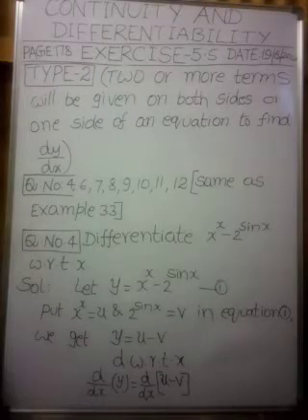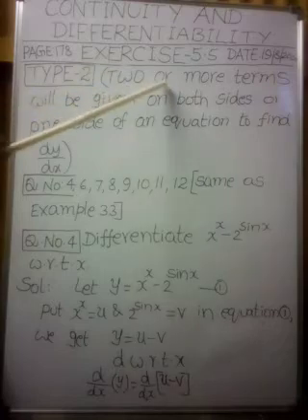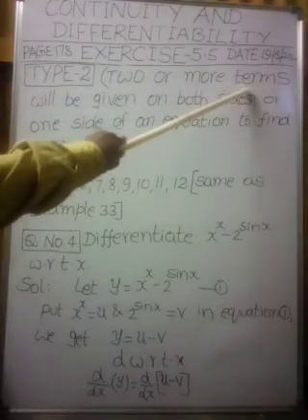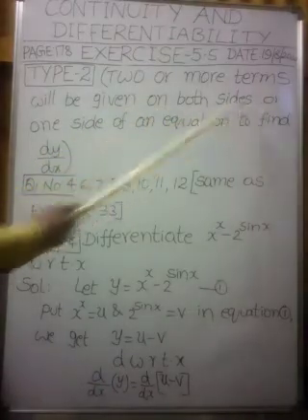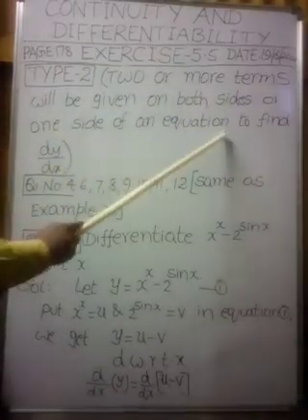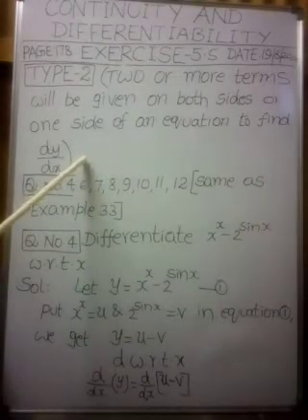If you find there is one and only one term. But here in type 2, you get two or more terms on both sides or one side of an equation to find dy by dx. This is the difference here.